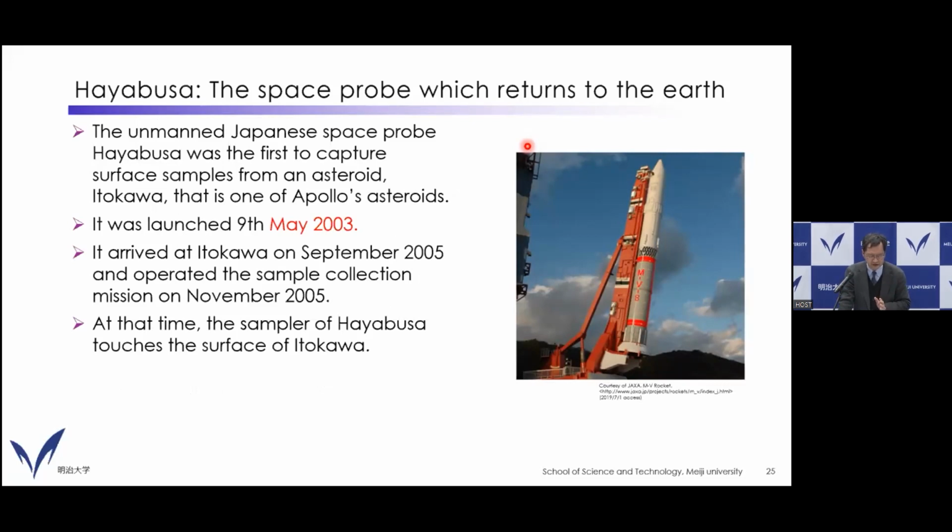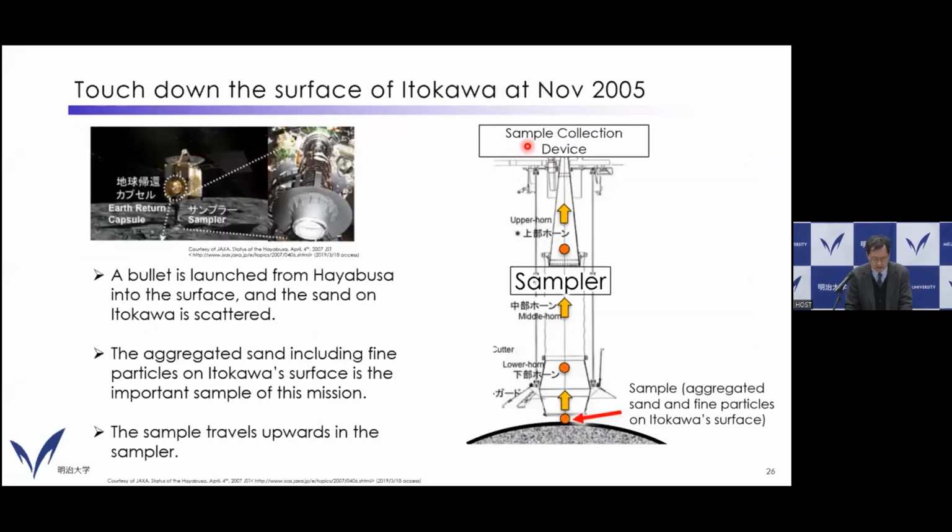At that time, the sampler of Hayabusa touched the surface of Itokawa like in this figure. You cannot see the bullet, but a bullet is launched from Hayabusa to the surface, and the sand on Itokawa is scattered.